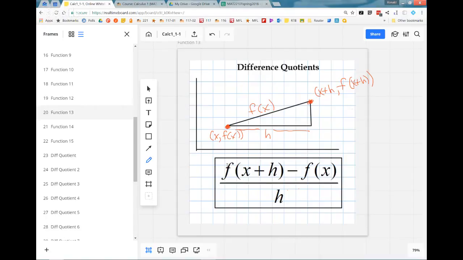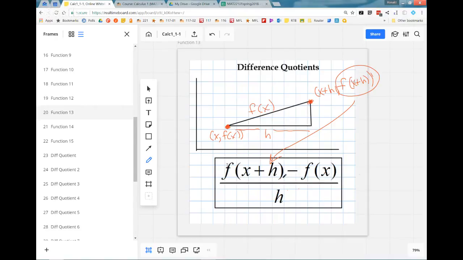Okay, so now I've got 2 points. What's the slope of that f of x line? Well, it's the y-coordinate from this point minus the y-coordinate from this point divided by, rise over run, and the run is h.